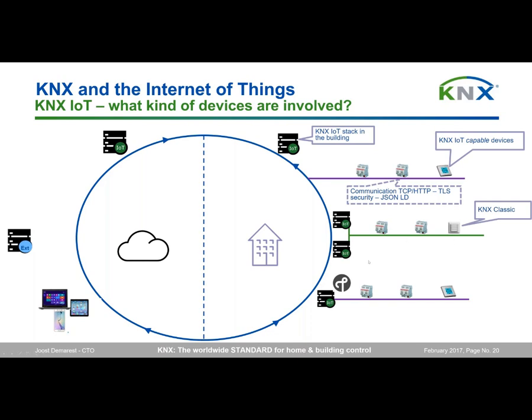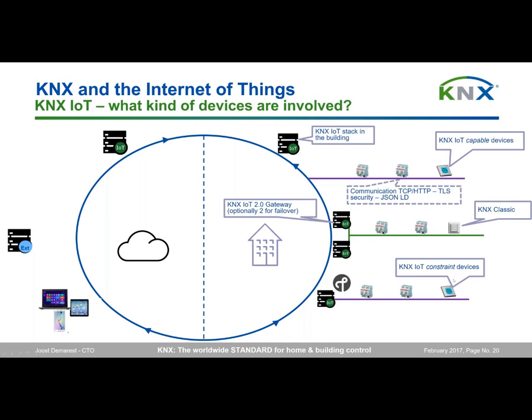This constitutes a classic KNX network, which could be based on twisted pair as before, or KNX radio frequency as we know it today. The twisted pair network would be connected to IP via a KNX IoT 2.0 gateway. Possibly there could be two of them for failover. Another section of the network could be KNX IoT constrained devices.